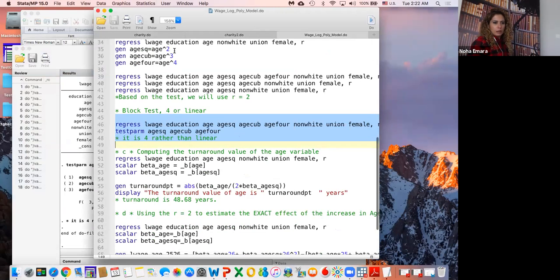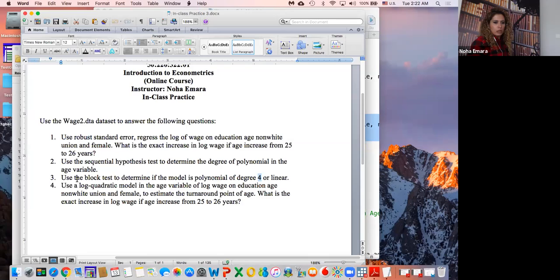Next, your question is saying, use the log quadratic. The age variable, so that means I need to add the square term of age. That's it.